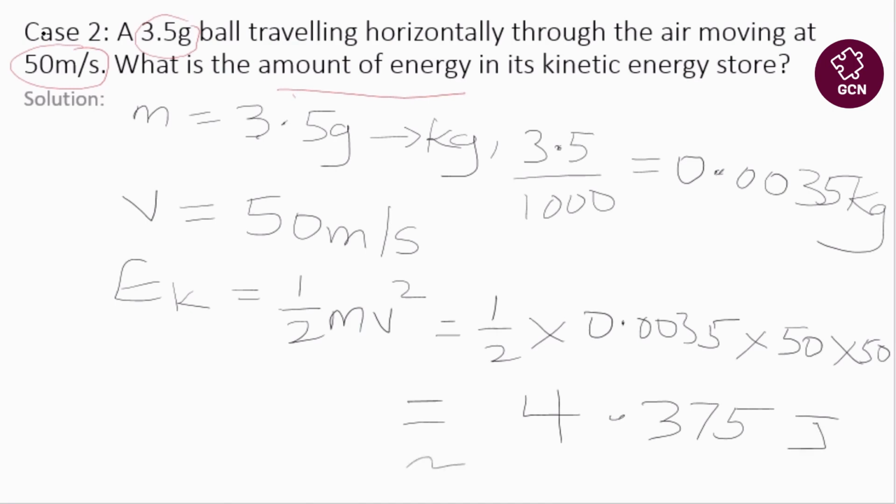And approximately, we can take that to 4.4 joules. So the number of decimal places or significant figures you leave your answer in depends on the instruction you're given in the question. In this case, we've left our answer to 2 significant figures, and we can also say to 1 decimal place, which is 4.4 joules.